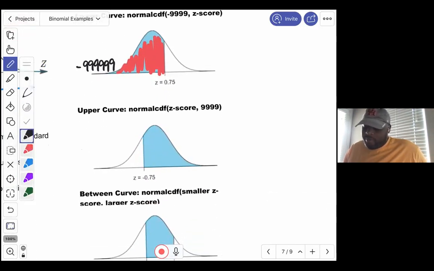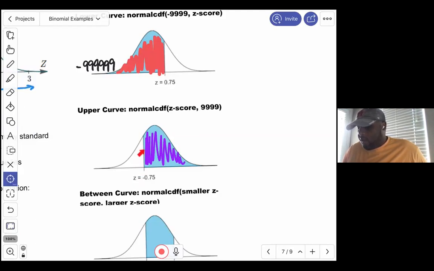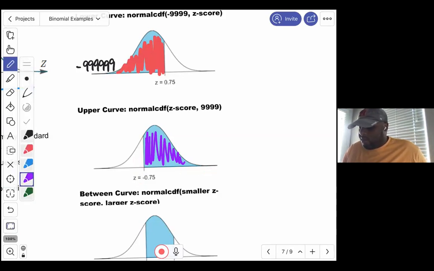In an upper curve or a right tail shade, here's what happens. Your leftmost endpoint, or your lower bound, is sitting here, but this time the shading goes on forever in this direction, so we're going to call that positive 99999.